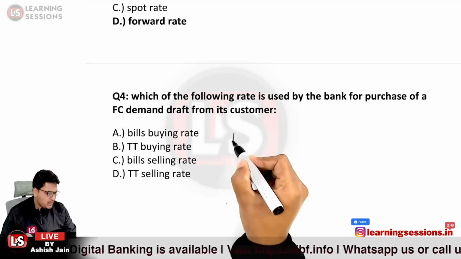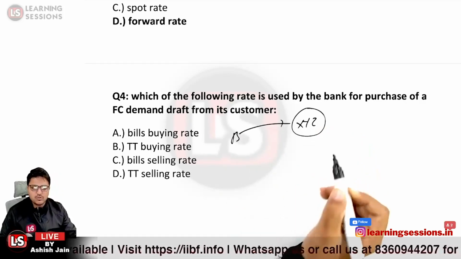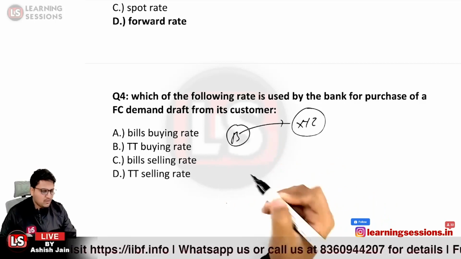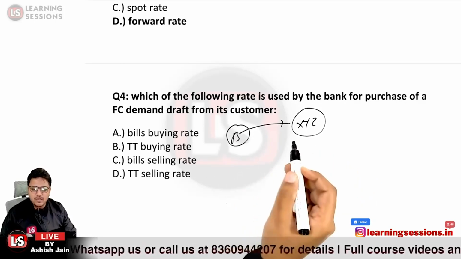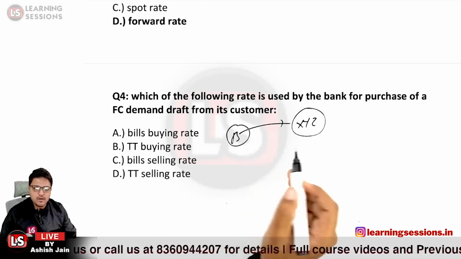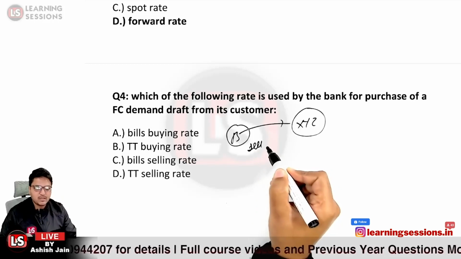Say that the customer visited the bank XYZ and he wants to sell you the demand draft. In a way, he wants you to credit his account against the foreign currency. Or we can say he wants to sell the foreign currency.